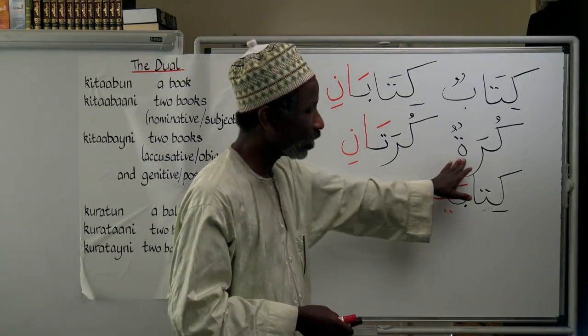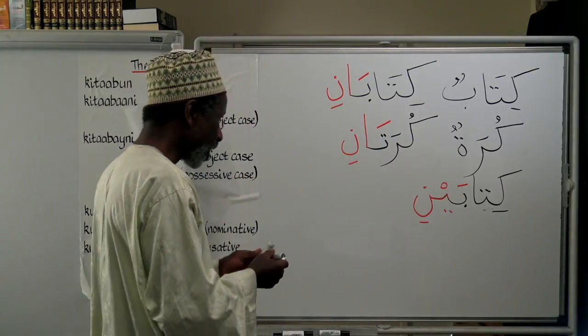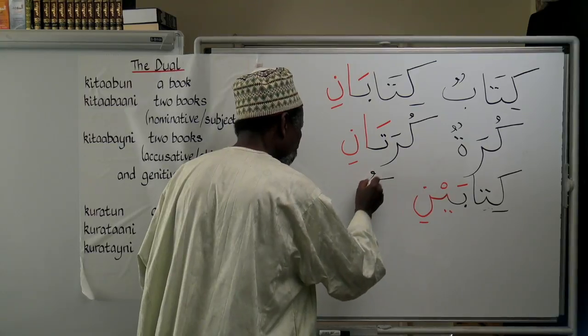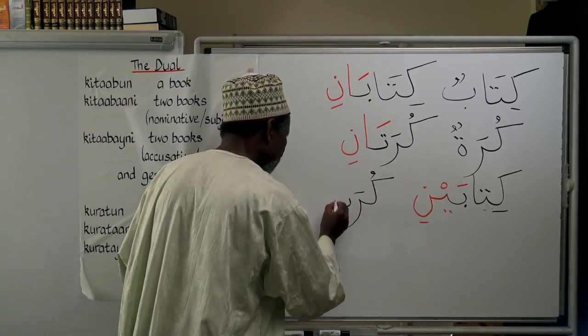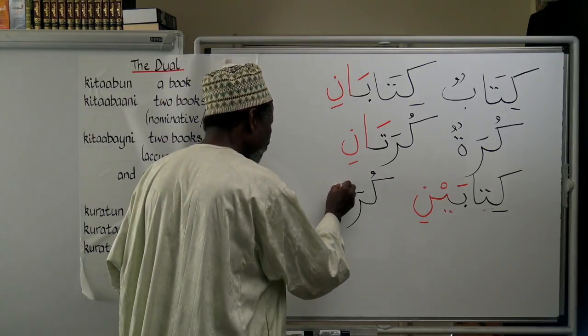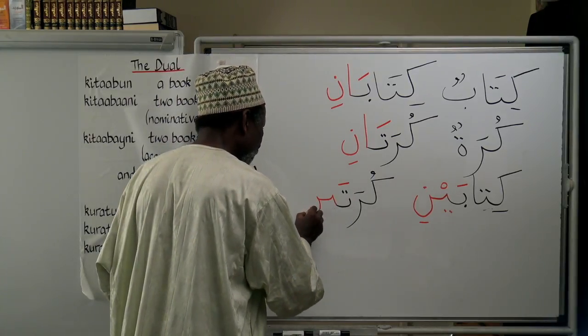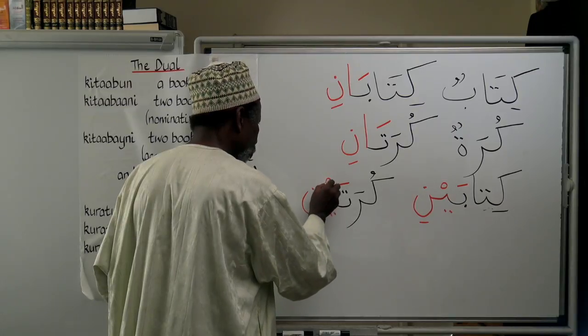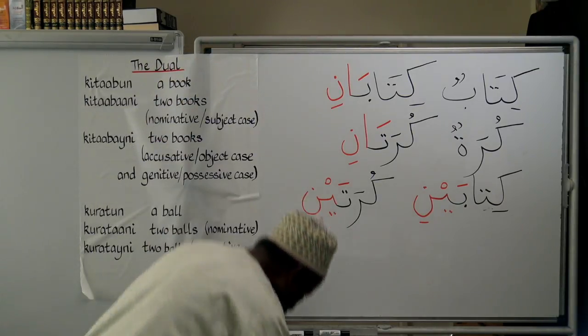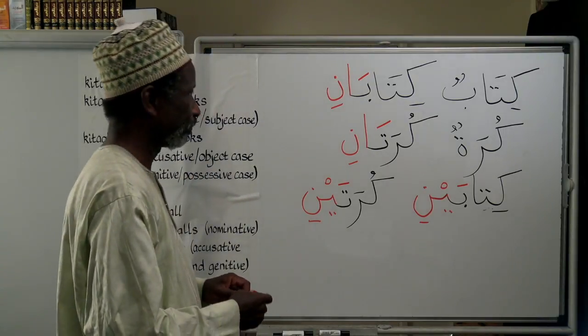Let's apply the same thing to kuratun. We do the same, kura, we convert the ta marbuta, it becomes a normal ta, and put fatha, and ya with sukun and ni. Kurataini. So we have kurataini.